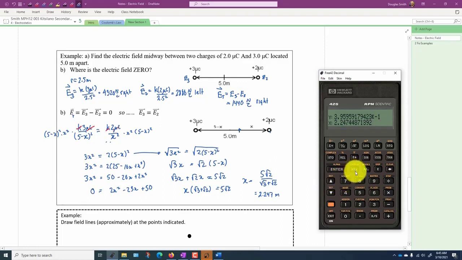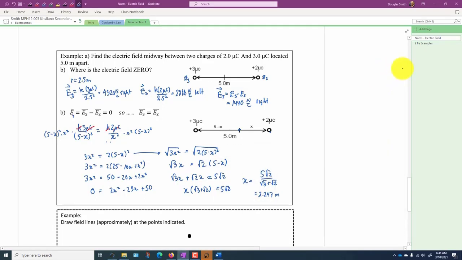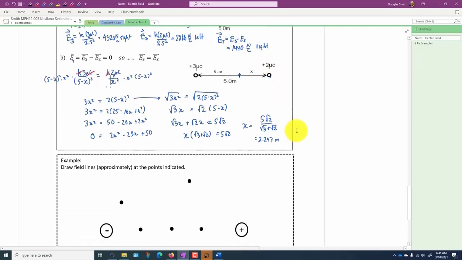And the other one is 3, divide that by, nope, first of all I have to subtract 5 from that distance. Oops. So square that, divide that, you get the same number. So that checks out. All right, that's kind of a hard one because of the math.